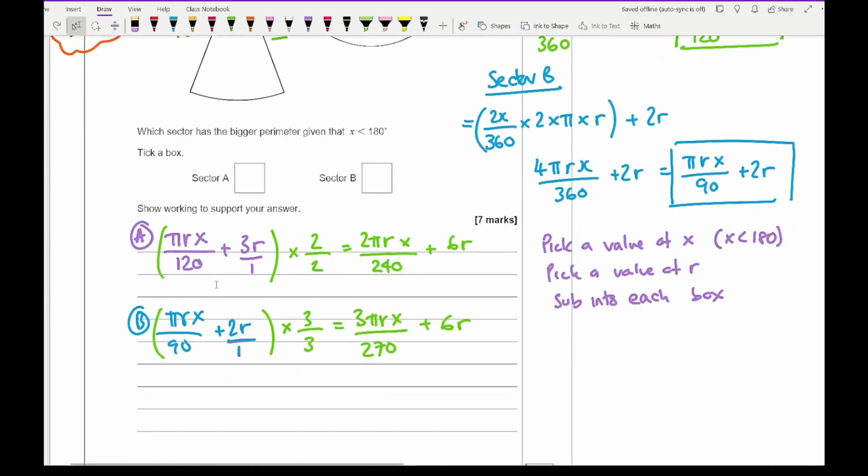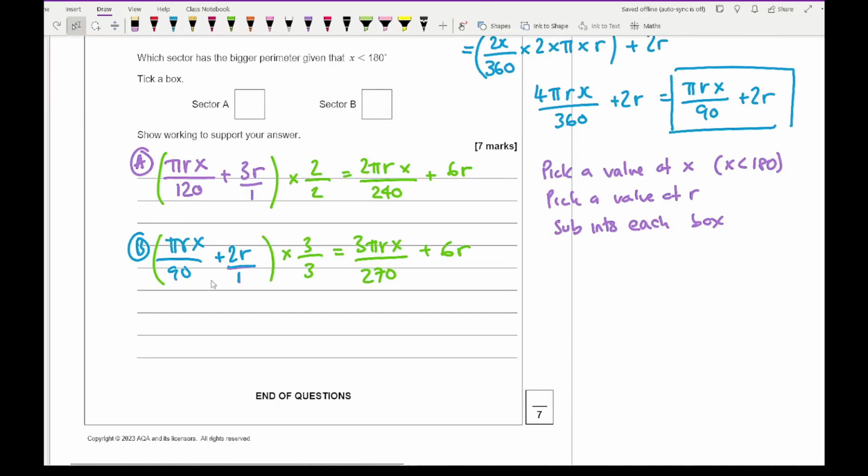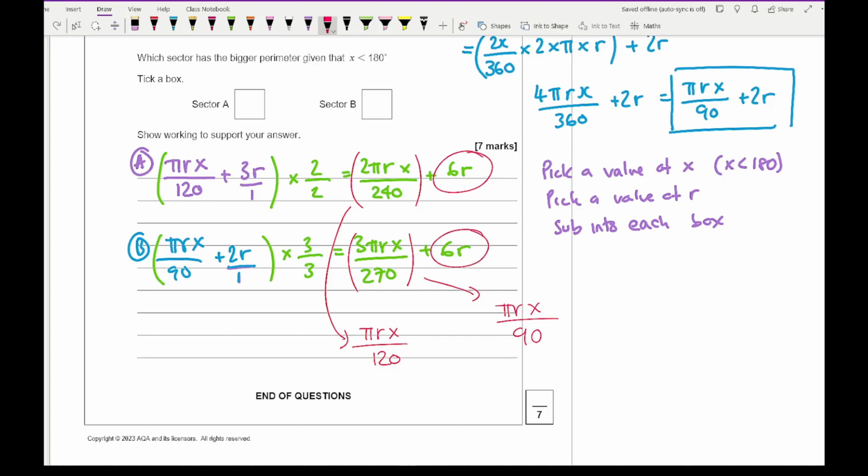Now as you can see, we're adding 6r in both, so what we can do is focus on these two fractions here. If I simplify them, that's going to be pi rx over 120, and this is going to be pi rx over 90. Because I'm adding the same amount, that doesn't make a difference, so the fraction part is the bit that's going to decide whether it's bigger or smaller.